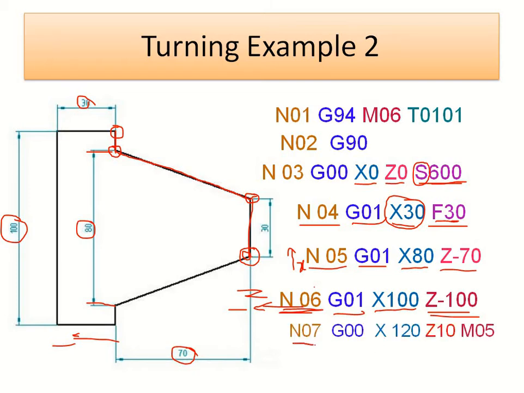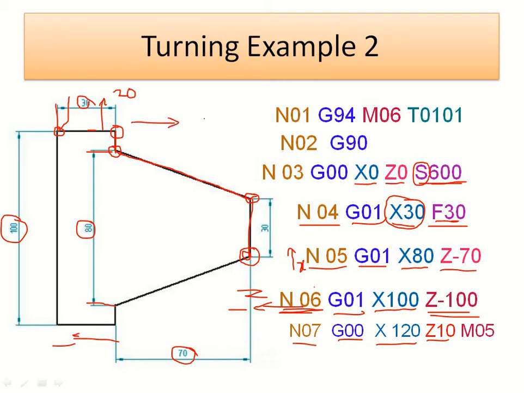And finally, N07, the next block, is represented by N07. Then G00 is the rapid traverse. X120 means the tool will travel to this position, X120, which means from the 100 it travels 20 in the upward direction, and Z10 means towards the positive direction.